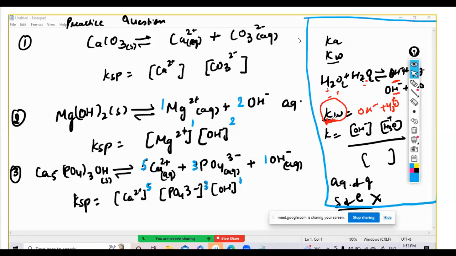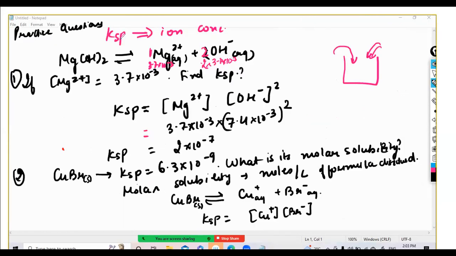This is the Kw, the equilibrium constant expression for water molecules in equilibrium with the hydroxide ion and hydronium ion. It looks like this, and again water is in liquid form, so you will not write anything in the denominator. Similarly, you have Ka and Kb in the case of acids and bases. Now we have learned about Ksp and how to write the equilibrium constant expression. Now let's try to do some questions.